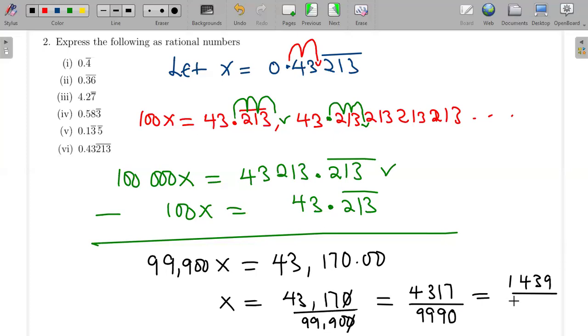So this one gives me 3330. So is there another number that can go into this one and this one without leaving a remainder? No, there's no other number that can go into this and this without leaving a remainder. So our final answer will just be the same expression that I've written there.